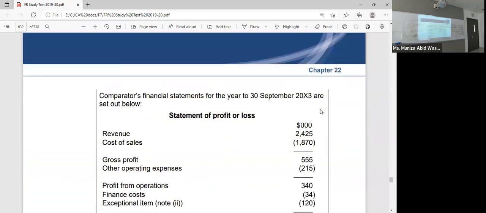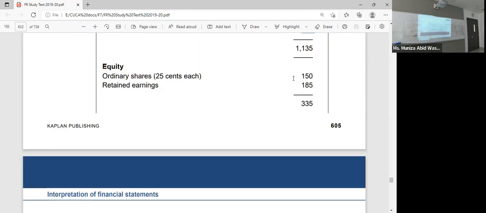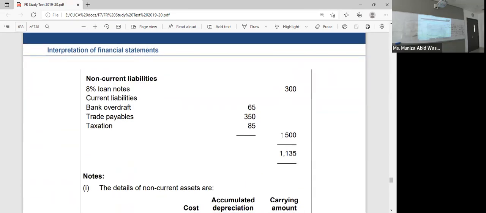As you can see, current assets are 595 and current liabilities are only 500. It means that 95,000 more current assets the organization is having in regards to its current liabilities. The organization is in a safer position as per most of the theories. Whenever the current liabilities are going to fall due, the organization would be able to pay them back.